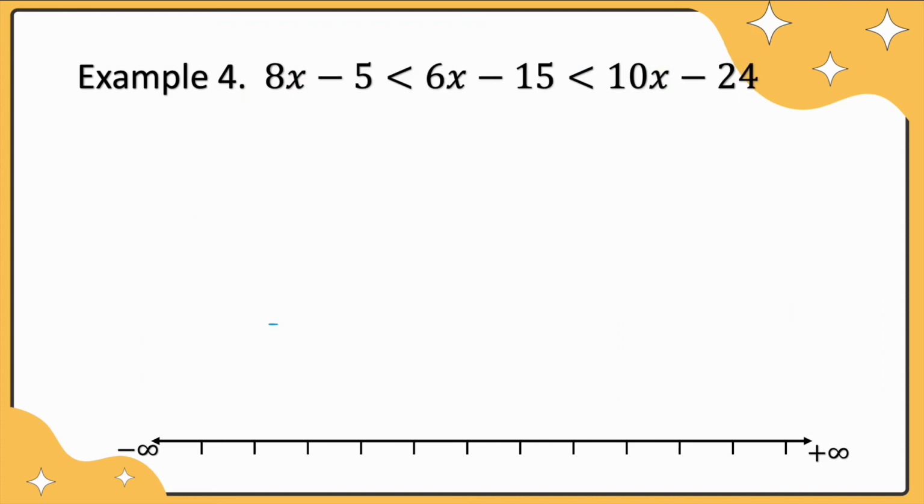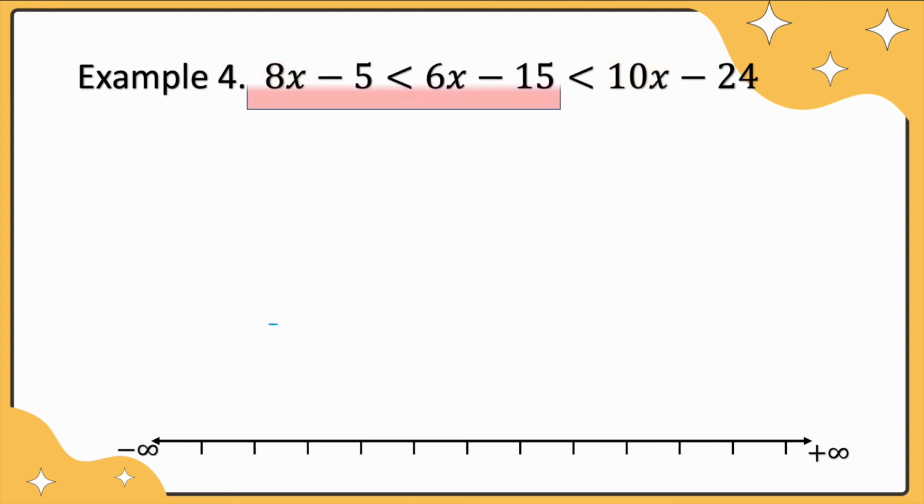Let's look at example 4. Here again, we have an inequality which has two different x terms on either side of the inequality, which is 8x and 10x. So again, we have to follow our second approach, which is splitting the inequality into two parts and then solving for x separately in two parts.